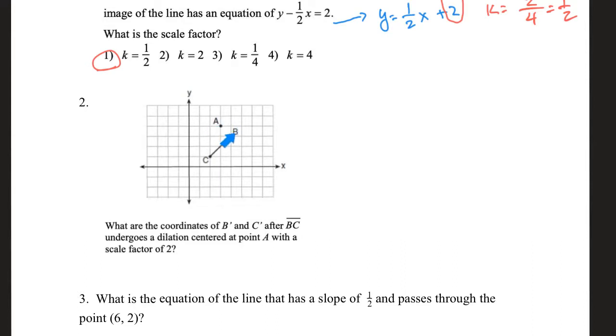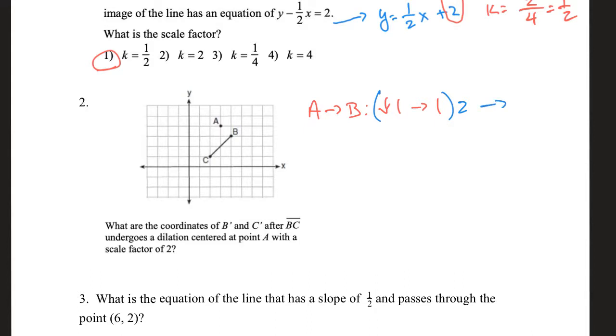So let's figure this one out. How did we go from A to B? Well, we went down 1 and then to the right 1. So from A to B, we went down 1 and to the right 1. Now this is going to get multiplied by 2 because that's our scale factor.